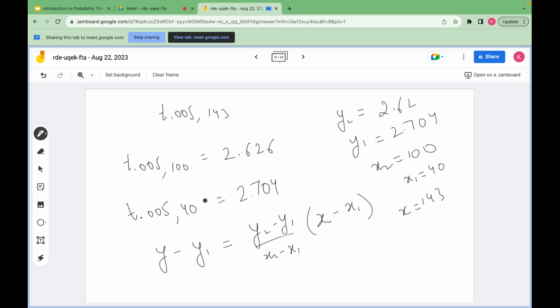We know these values for 140, we want it for 143. So we are using this regression line to predict this. So here these are y2 and y1. We are using this 100 as x2 and 40 as x1, y1 y2 are these values, and for x equal to 143 we are finding this t value. So this will be y minus y1, y1 is 2.704, y2 is 2.626 minus 2.704 divided by 100 minus 40, x is 143 minus 40.